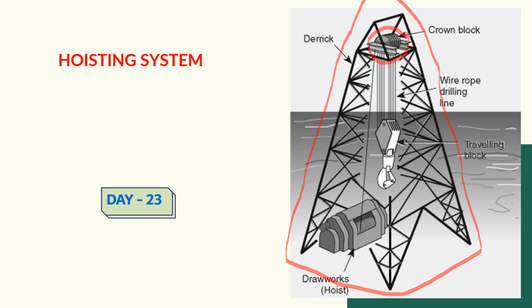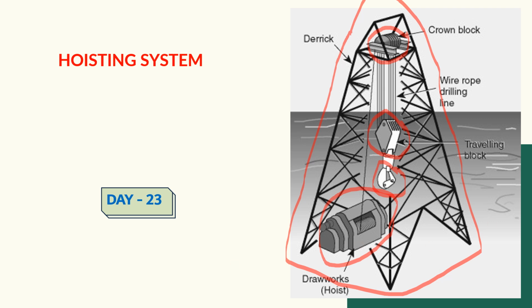This is our traveling block. Got it? This is the hook. And ensure, as a safety professional, all the lifting hooks should have the safety latch, this one. Now this is called the drawworks.